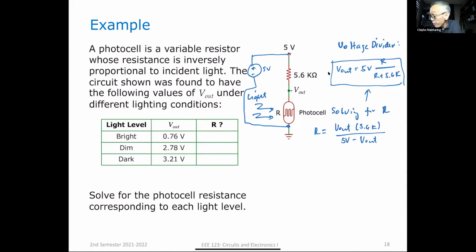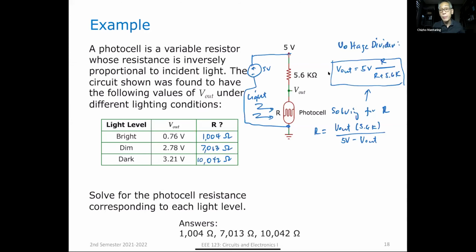So if I apply this formula to these different values of V out, I'm just going to get these values. This is going to be 1004 ohms. This is going to be 7013 ohms. And this is going to be 10,042 ohms. So it's pretty straightforward.